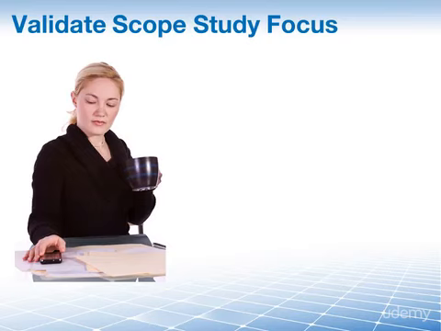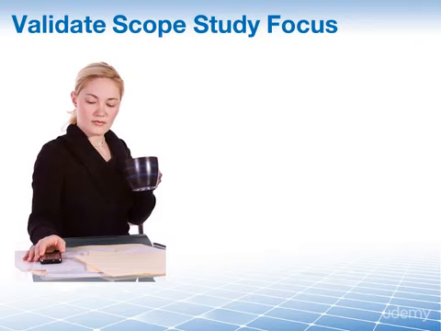Before we end this lesson, let's go through some things you need to focus on when reviewing the validate scope process for the exam. We've already covered this in the process overview and the review for this lesson, but you should know some key facts about validate scope for the PMP exam. You need to know what are the important characteristics of validate scope.